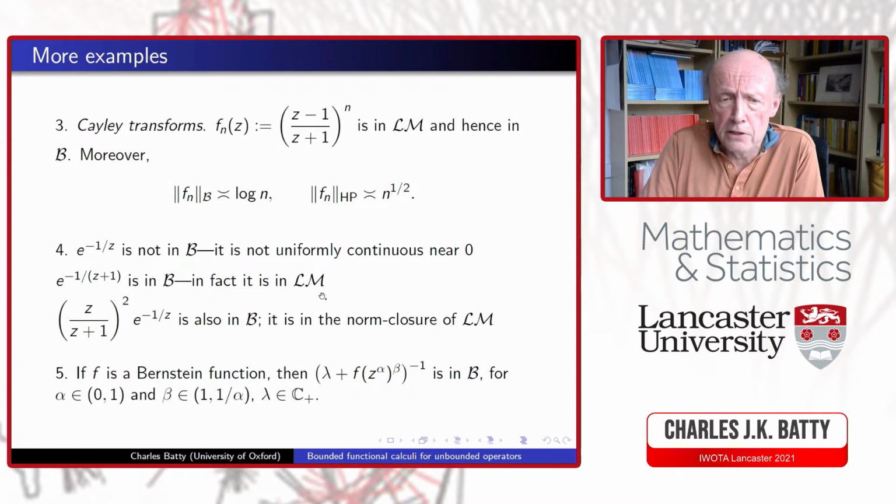It's in the Hilbert-Phillips algebra. Or if you multiply e to the minus 1 over z by z over z plus 1, I think the square is not necessary, but let's leave it in there. This is in B. And in fact, it's in the norm closure of the Hilbert-Phillips algebra in B.